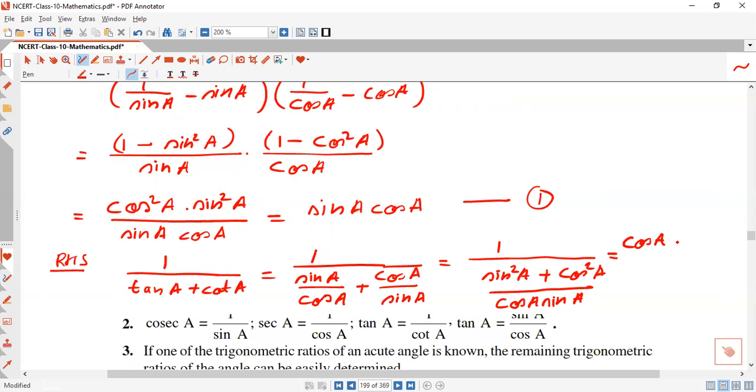Cos A sin A divided by 1. So equation 1 and 2 are equal. Left hand side and right hand side terminate at the same value, sin A cos A. So it's proved.